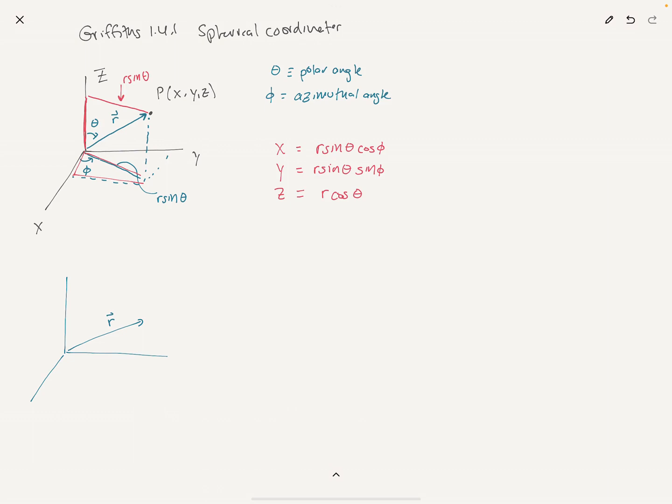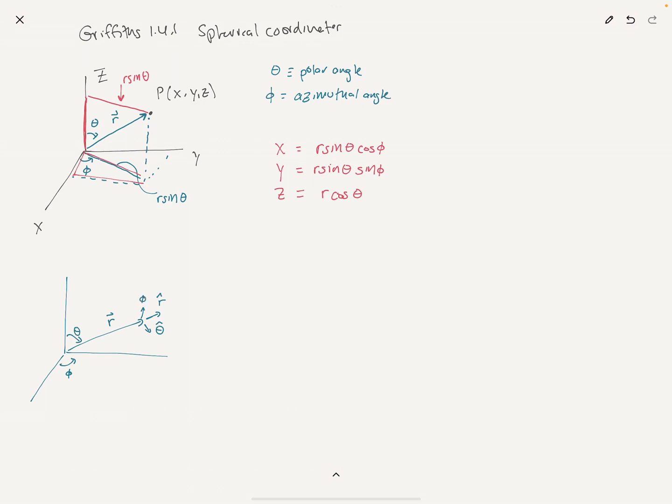and that vector, if I were to change it slightly in the r direction, that is my r hat direction. If I change it in the direction of theta, so that's kind of down toward the xy plane, that is theta hat. And if I wanted to change that vector in the phi hat direction, that's into the page.